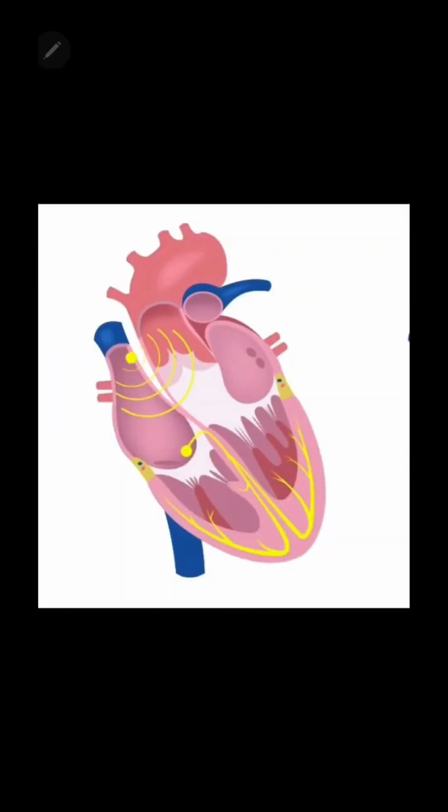Now, let's talk about how blocked PACs can happen. As a refresher, remember that cardiac myocytes have what is called an all-or-nothing property. And what this means is that when a stimulus hits a myocyte, that myocyte will either respond to that signal or it will not.